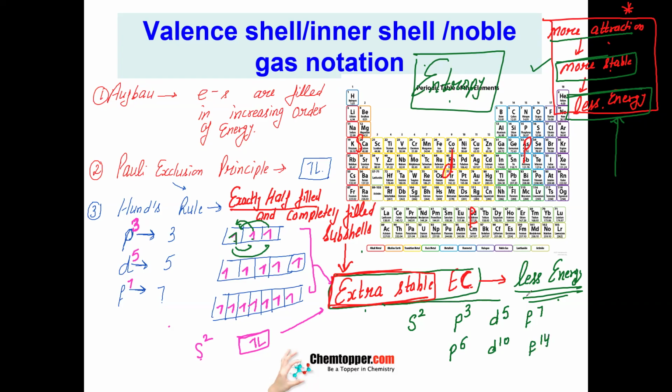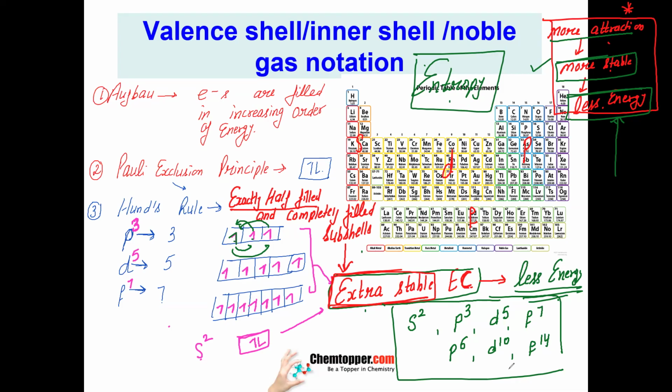So please write down this in a box. These are the configurations which are very stable, have low energy, and it will be difficult to disturb them. You need a large amount of energy to disturb them. Disturb means to break them, to add or remove electron in them. My language is clear?